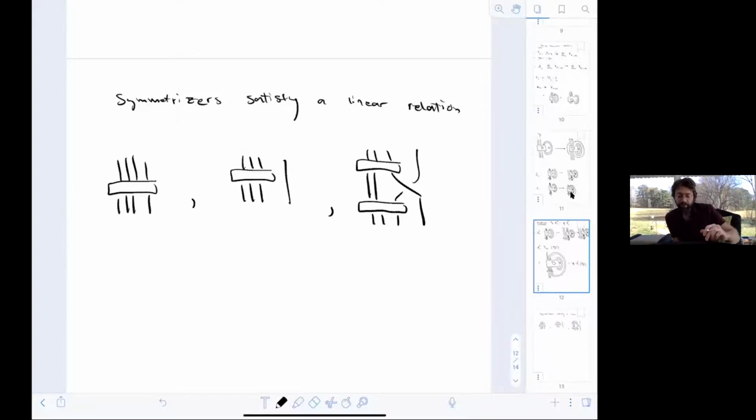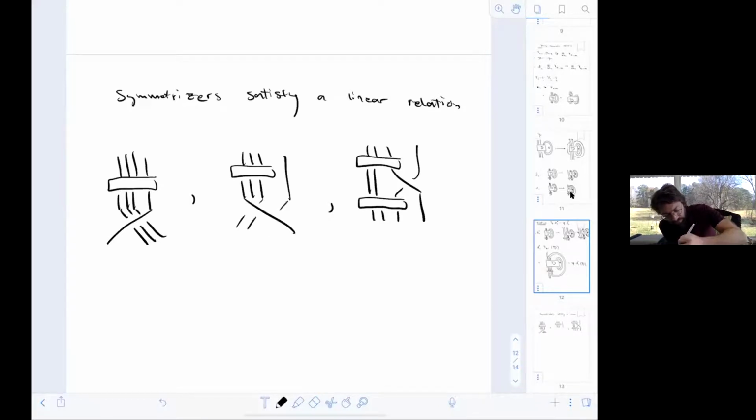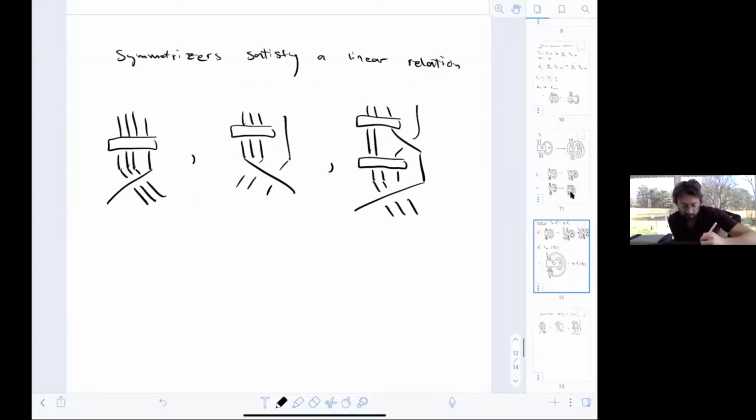Okay, so there's a linear relation between these three Hecke algebra elements. By viewing all of this in the presence of some other braid, you see there's a linear relation between these idempotents.